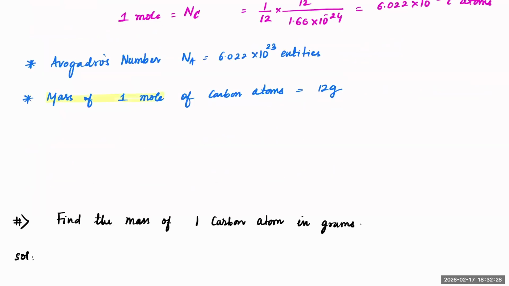So this mass which we are getting, right? Mass of 1 mole of any substance, correct? Is called the molar mass of the substance. This is termed as molar mass.